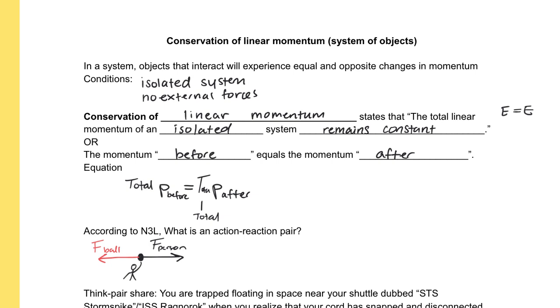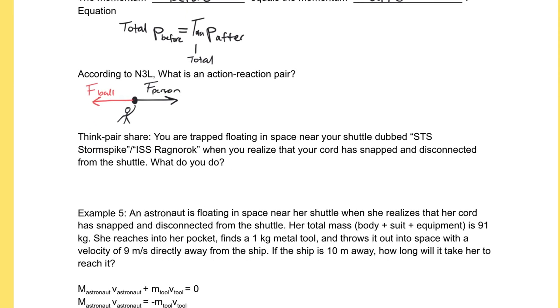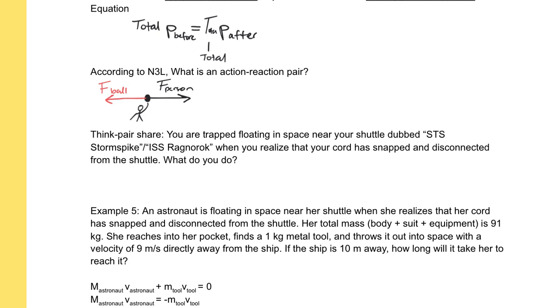So what I would like for you to do now is to take about 3 minutes to do this pair share. So you're going to think about it. You're trapped floating in space near your shuttle, dubbed STS Storm Spike or ISS Ragnarok, whichever name you like better. You realize that your cord has snapped and disconnected from the shuttle.